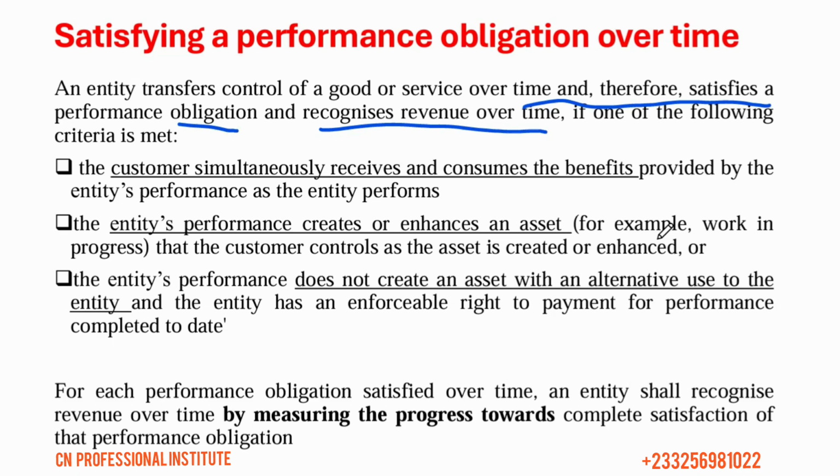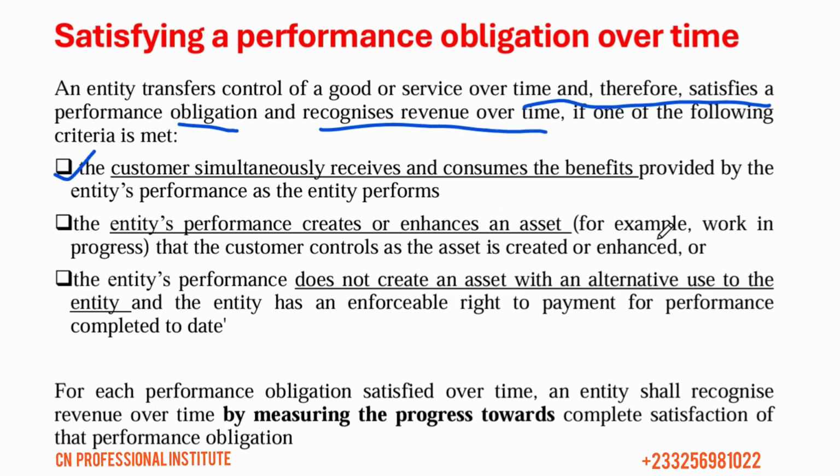One is, it says, one, the customer simultaneously receives and consumes the benefit provided by the entity as the entity performs. Okay, so as the entity performs, let me give an example. You are building a house for your customer. So as you perform, as you build the house, the customer simultaneously receives and consumes the benefit.